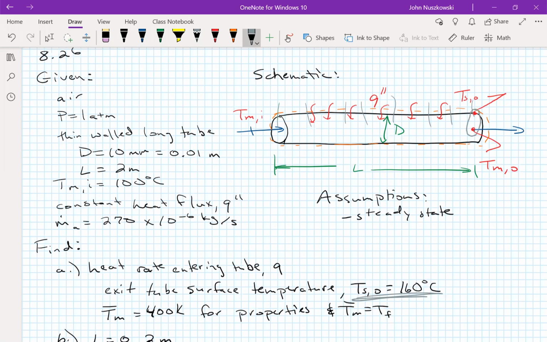How can we relate those two temperatures right at the outlet, the surface and the mean? Go ahead. Either say they're the same, or that they're an average or something near it.